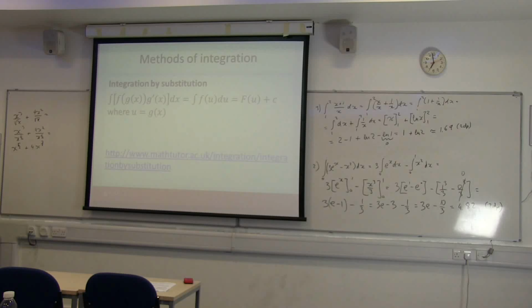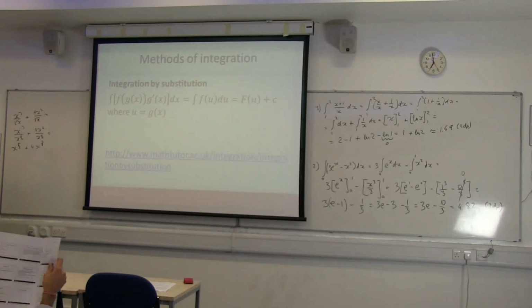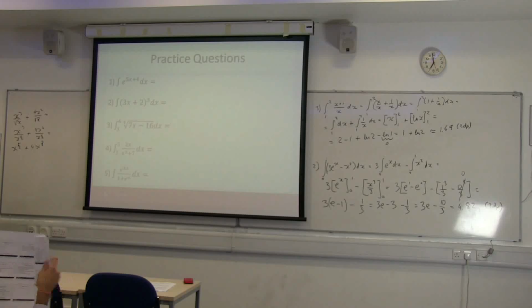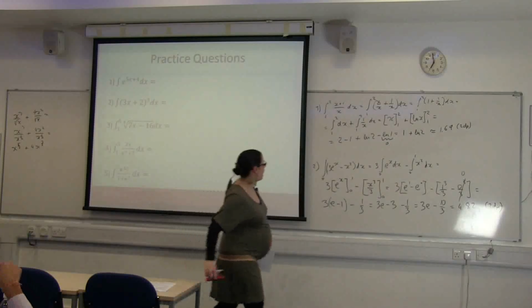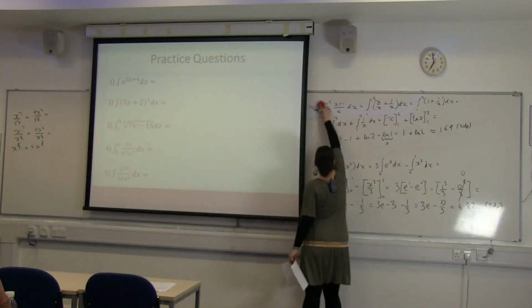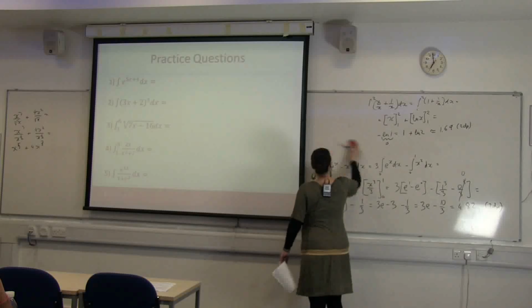It's basically the method where you undo the chain rule. Okay, so let's look at some examples. I picked quite a few examples. I might have been overly ambitious with how many examples we can do. I don't mind, compared to the assignment.